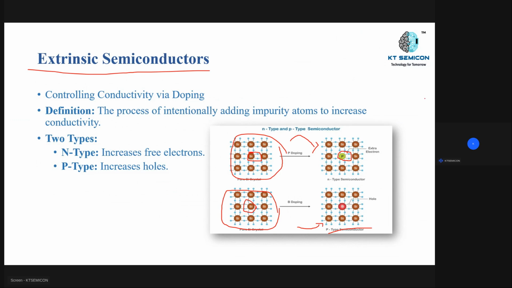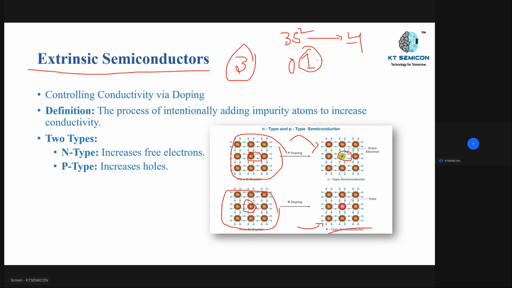Why? See, silicon has 4 electrons in the outermost shell, and to fill it we need 4 more electrons, right? A third group element has only 3 electrons in the outermost shell. So when we add these trivalent impurities, here 3, here 4, we are left with one hole in the outermost shell.